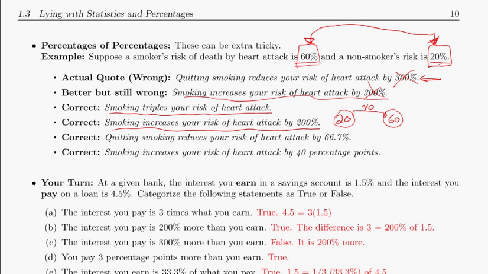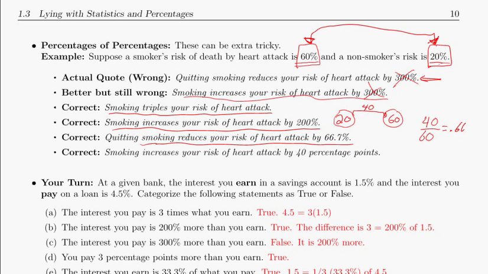You could also look at it by going the other direction. Quitting smoking reduces your risk of heart attack by 66.7%. And that's basically saying, all right, well, the difference is 40. And if you start out with a risk of heart attack at 60, this is actually 0.667 or 66.7%.